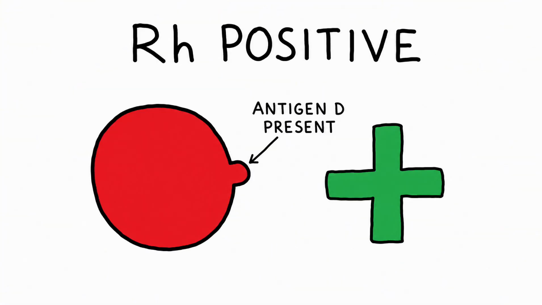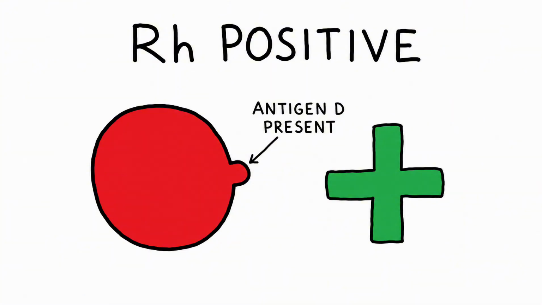Rhesus is spelled R-H-E-S-U-S, by the way. The group includes several Rh antigens or factors, but the most important one is antigen D. That's the most important one that we're going to be looking at in regards to the Rh factor.